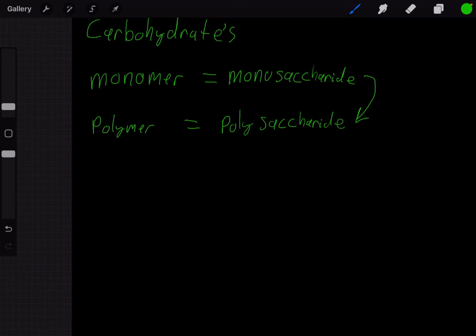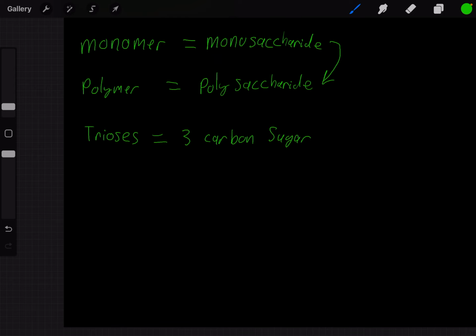You can have a triose, which is a 3 carbon sugar. So that will have 3 carbons, and a type of that would be glyceraldehyde.